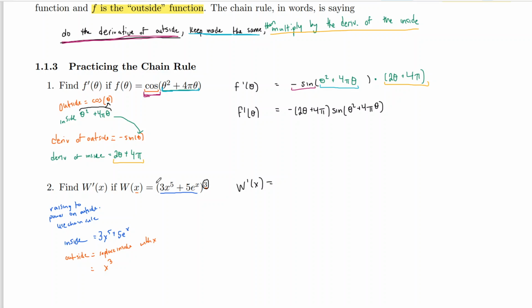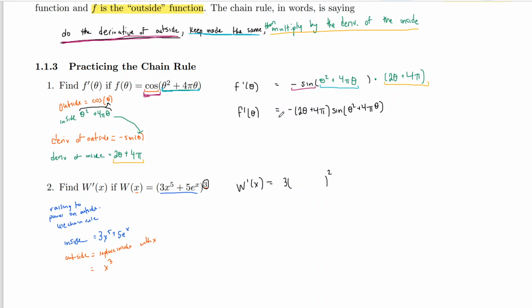And if it helps, maybe just cover it on your screen. I'll kind of scratch through it, but I'm going to erase this. Imagine this was just x. Don't worry, I'll erase that so we can look at it in a second. If I was doing the derivative of x cubed, I would have 3x squared. But instead of having x, because that's not really what the inside is, I'm going to go ahead and erase that. And this is the derivative of the outside part.